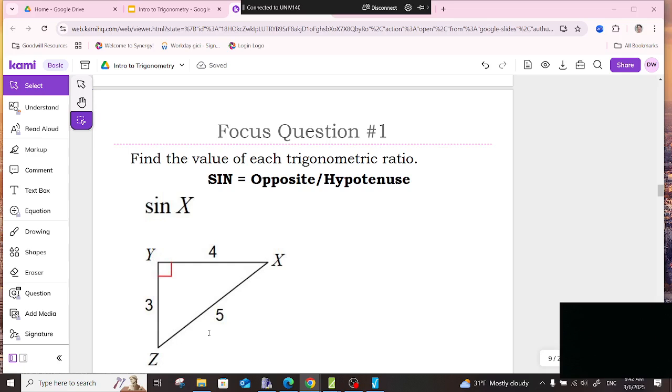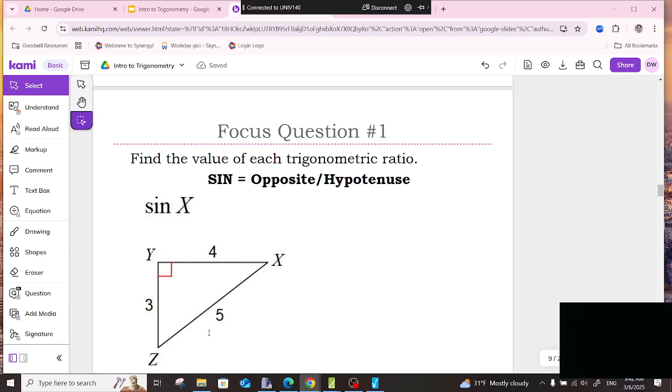Okay. Now, trigonometry is based upon the angle that you are referencing. If you reference the wrong angle, you are going to get the wrong ratios. So see here how it says sine x.